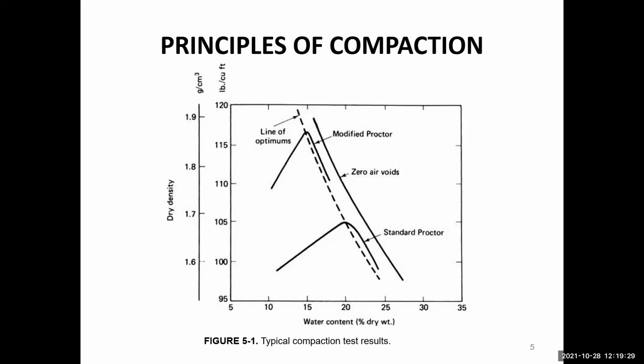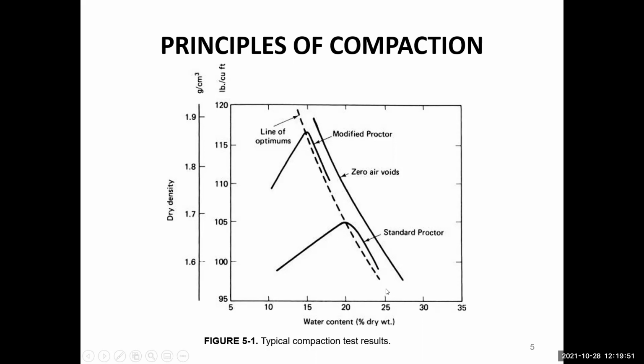Okay, so again, if the test is repeated for different levels of compacting efforts, we can also achieve a dotted line curve over here, which will be called the line of optimum.